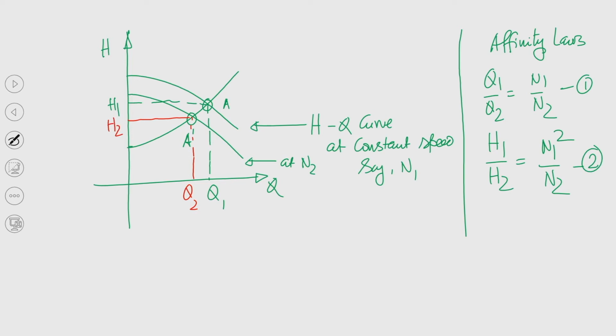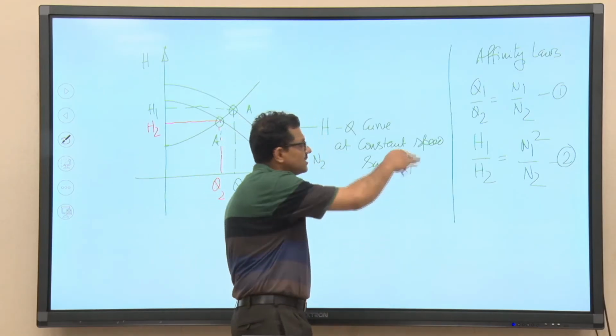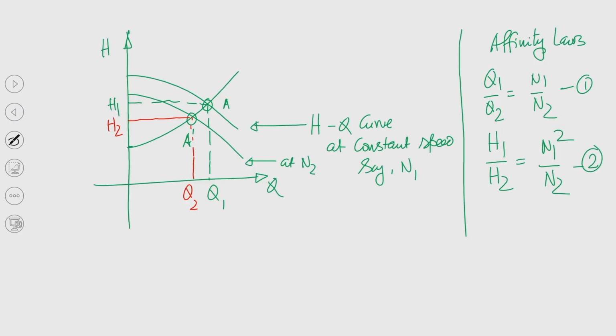Our objective is to calculate q2 and h2 without going into the characteristic curve, without any very rigorous mathematical calculation, and without further testing of the pump, but simply by using affinity laws. These are well-established laws. You can understand that q1 and h1 are obtained at speed n1 and they are related to q2 and h2. Very nice.